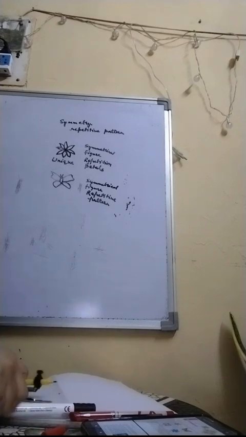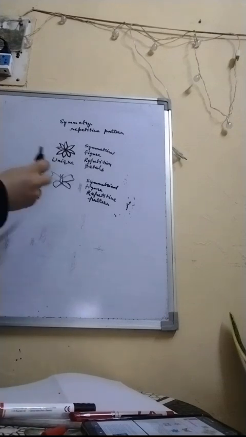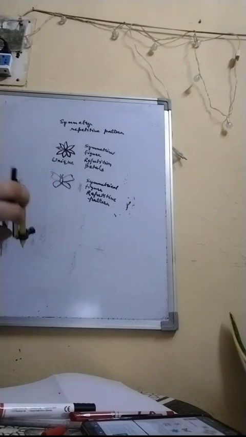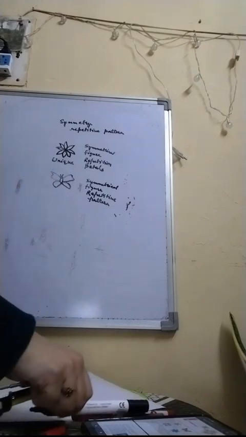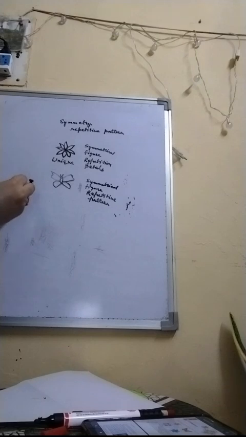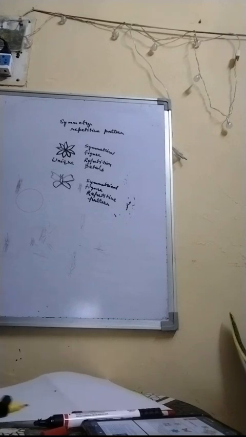Now suppose I draw a circle. So let's draw a circle. This is a circle. Now how do we find the symmetry over here?